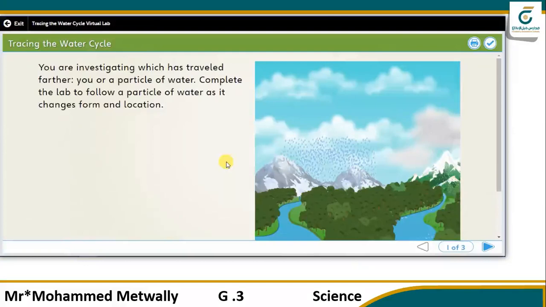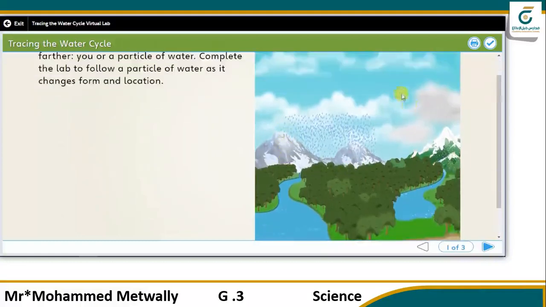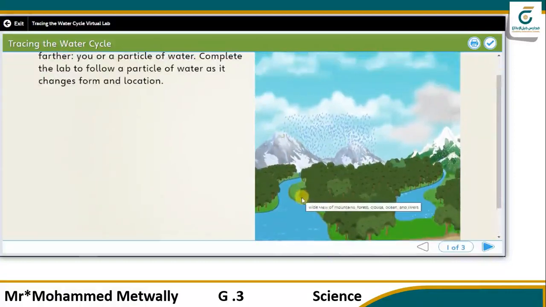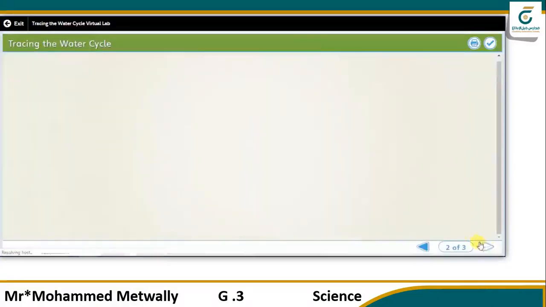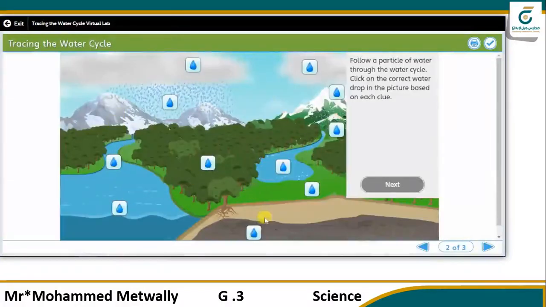Complete the lab to follow the particle of water as it changes form and location. Here in the ecosystem like this, we can follow the water drops and know more about the water cycle and the processes inside it. So this is the activity.